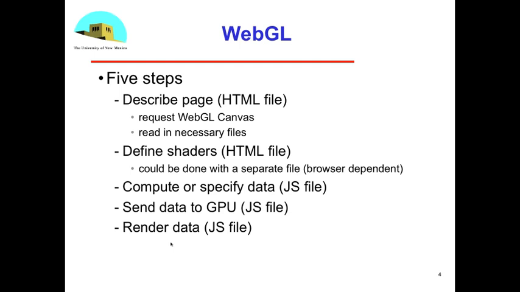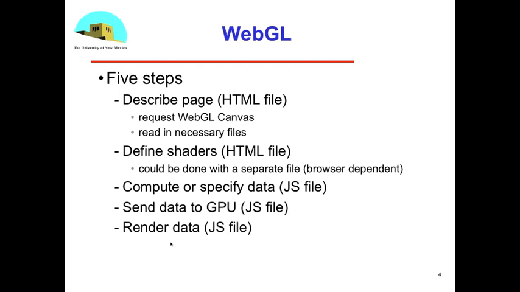The reason we break it up is that I'm trying to keep the graphics, all of the processing, essentially what the application is about, in the JavaScript file, and use the HTML file to do various initialization steps, to read in other files that are needed, and to describe what the page looks like. I've found it much easier to do things by organizing them this way. You're welcome to use some other organization if you find it better.